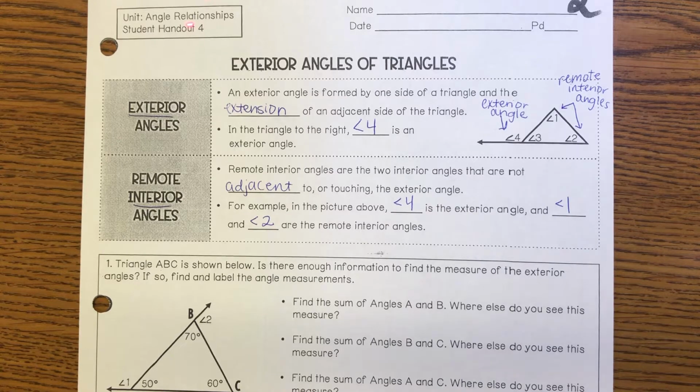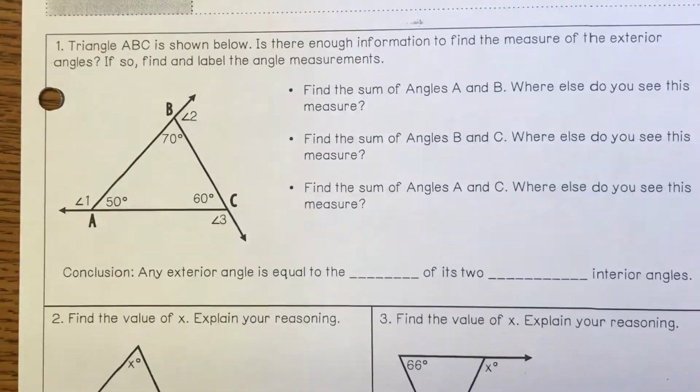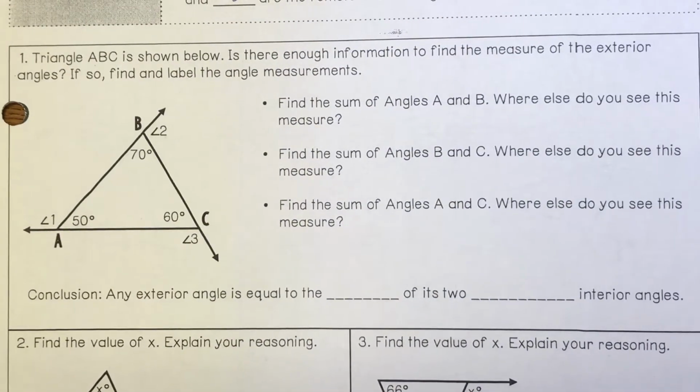All right, so let's look at question 1, example 1. Triangle ABC is shown below. Is there enough information to find the measure of the exterior angles? If so, find and label the angle measurements. So let's talk about this.